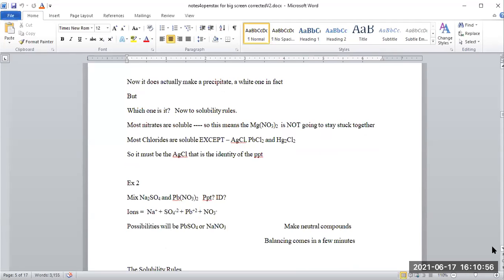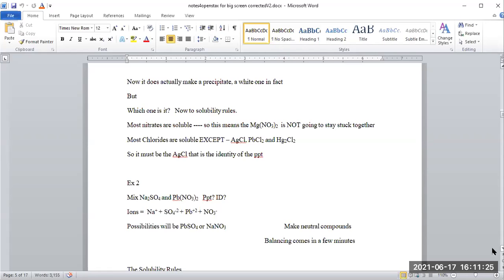Even though they might touch temporarily, they are not going to stay stuck together. So that one got eliminated. My chloride rule has exceptions, and we ultimately made use of one of those exceptions in solving that problem.